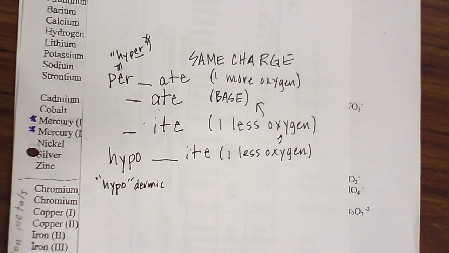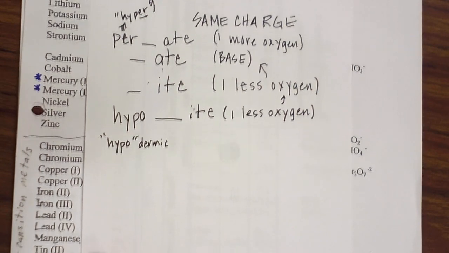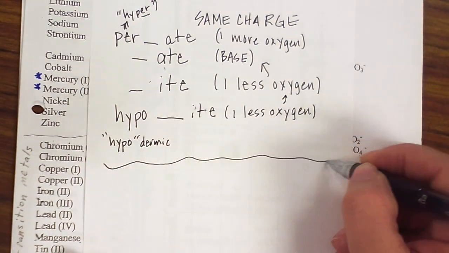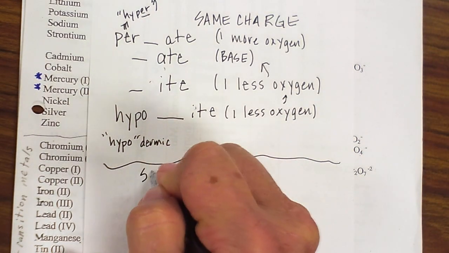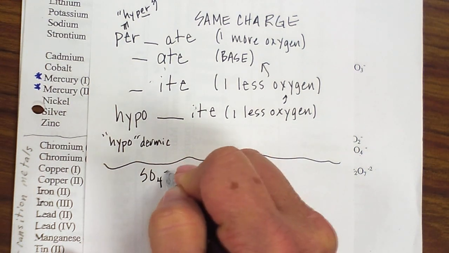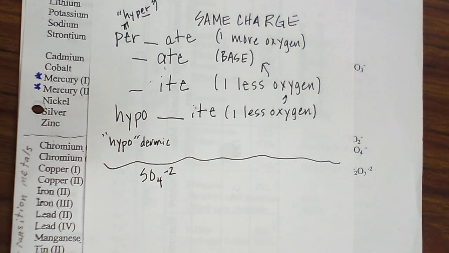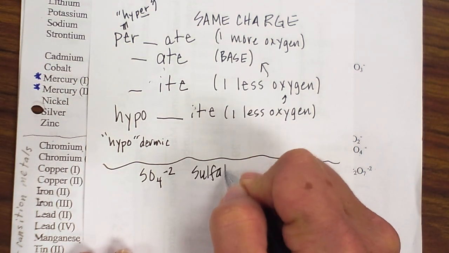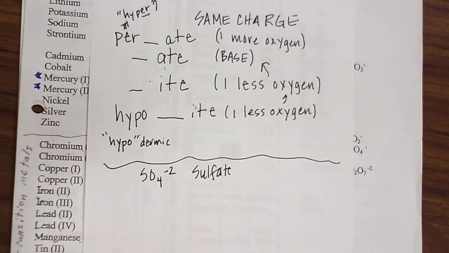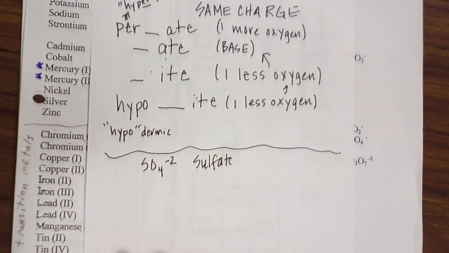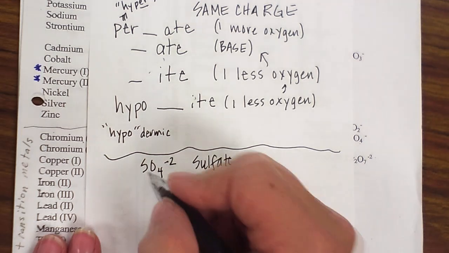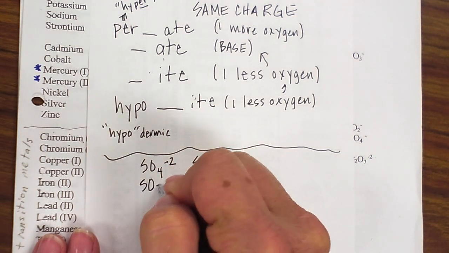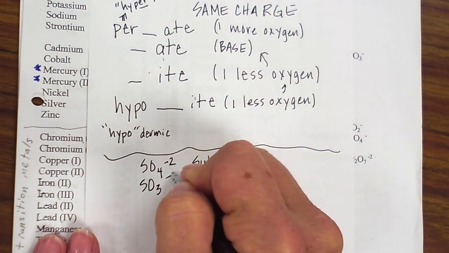All right, so let's do some examples. So here is SO4 minus 2. This is sulfate, right? Sulfate. Okay? So now I have SO3, same charge, minus 2.